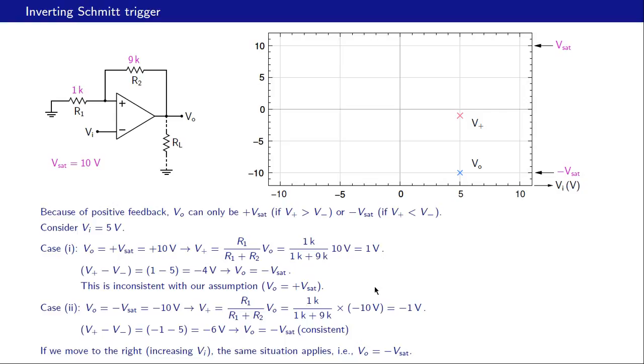And if we move to the right, that is increasing Vi, the same situation applies and Vo remains equal to minus Vsat as shown here. So in this entire range, Vo remains equal to minus Vsat and V plus remains equal to minus 1 volt.